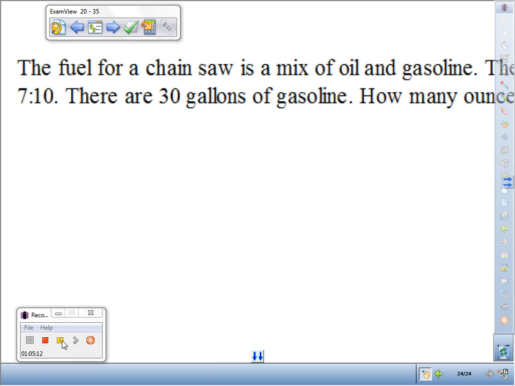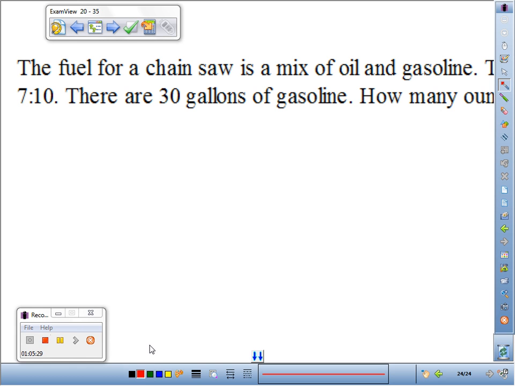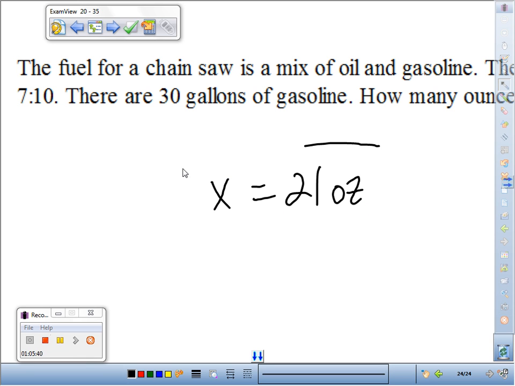Do that one by yourself. Go. Okay, who got 21 ounces? That is incorrect. Who got X equals 21 ounces? Okay. Let's continue.